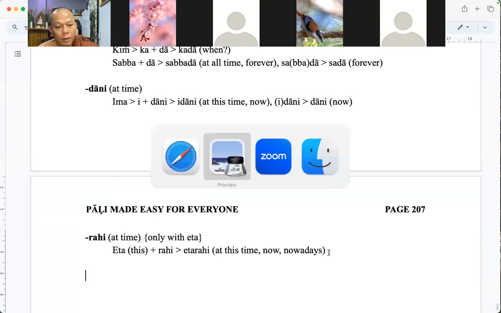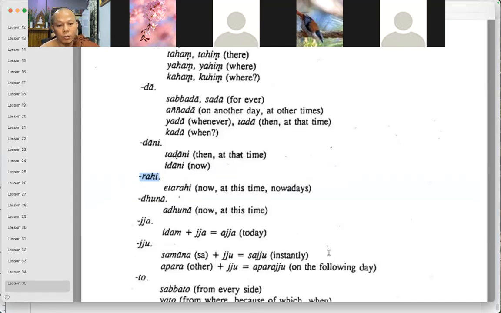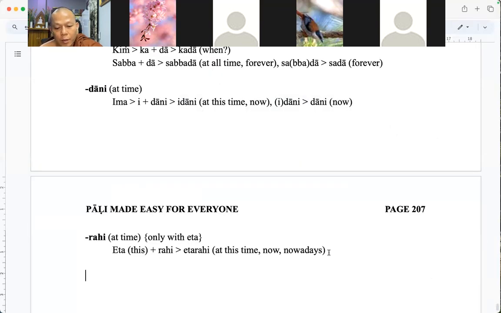And then the other one is dona. That one also rarely. So dona also at time. So that one is only with the ima.